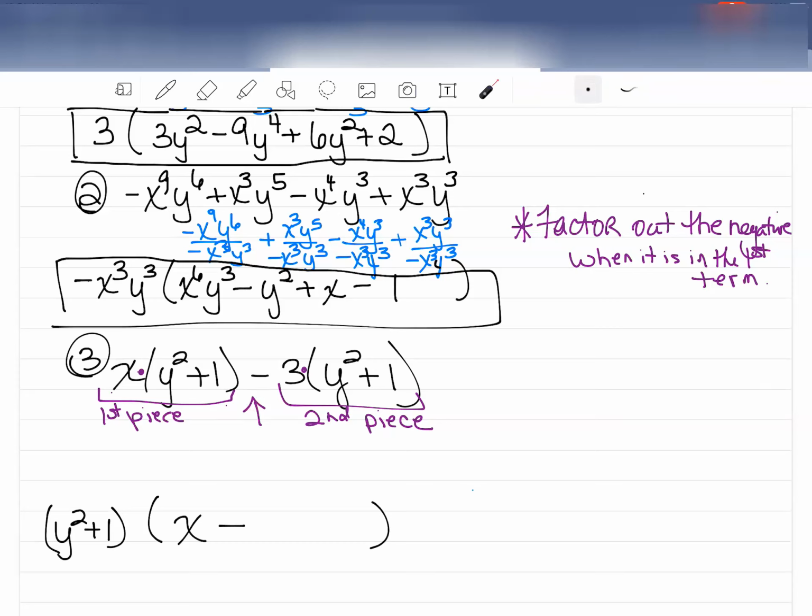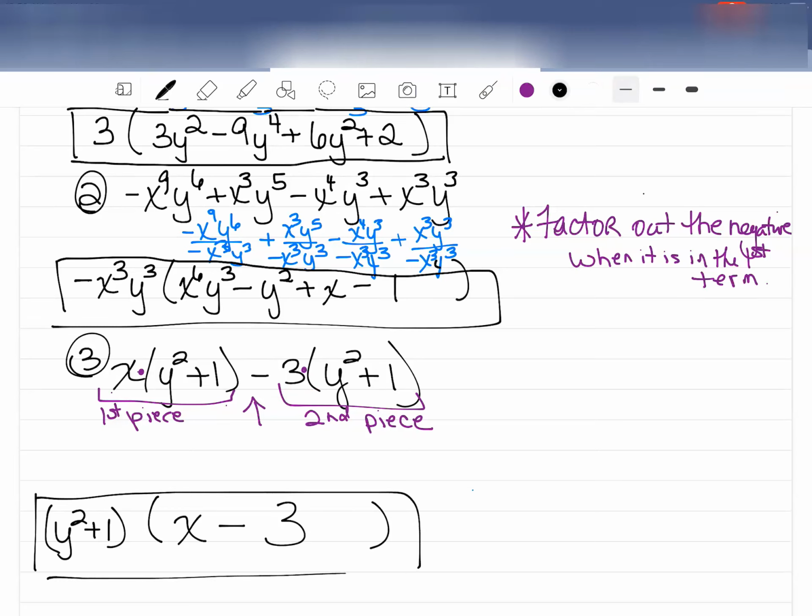And now I'm going to go in and look at the second piece. I have the y squared plus 1. That's what I'm taking out. And if I mark that out in my mind, all I'm going to have left is this minus 3. So that's what I'm going to write down. I already wrote down the minus, so I just need to write the 3 down. And this is going to be my answer for number 3.